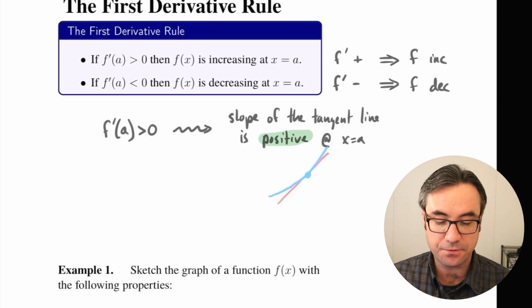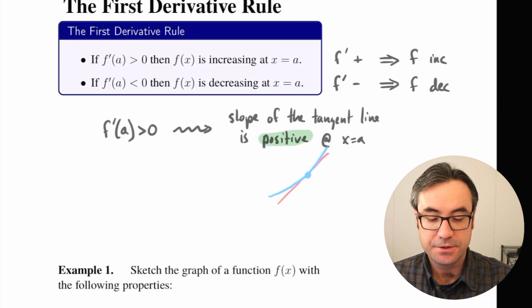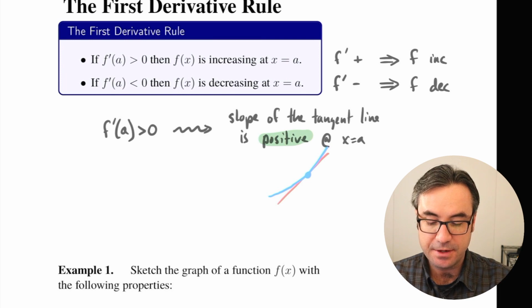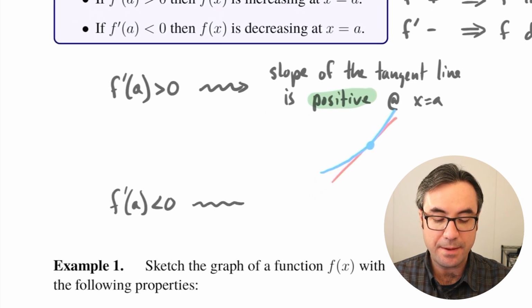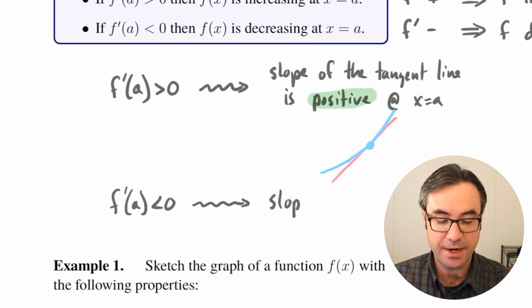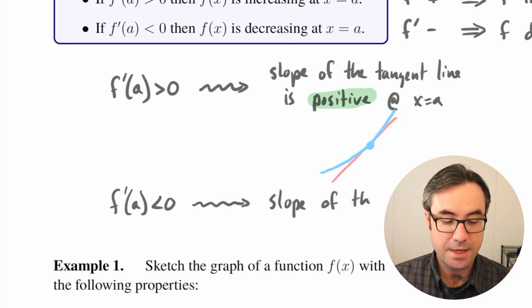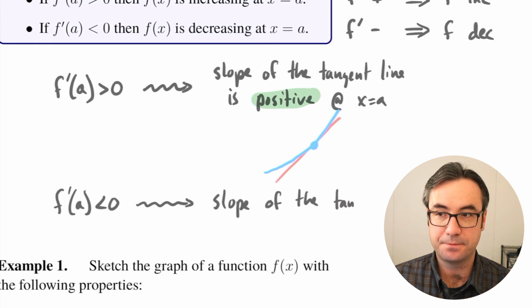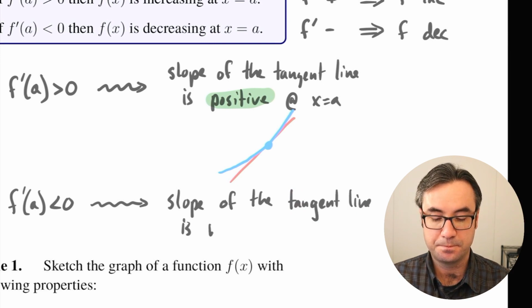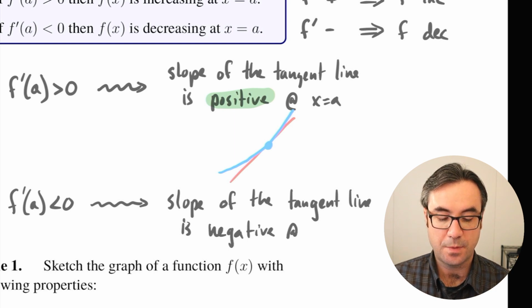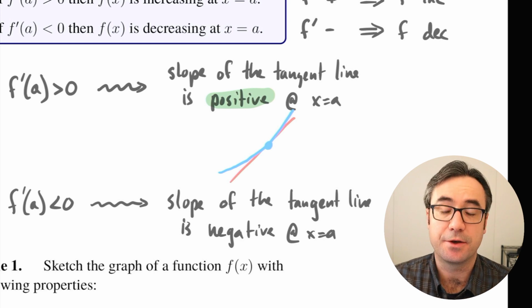And the same goes for negative. So if f prime is less than 0, what that means is that the slope of our tangent line is negative at this x equals a value.